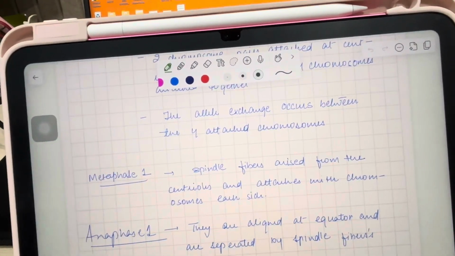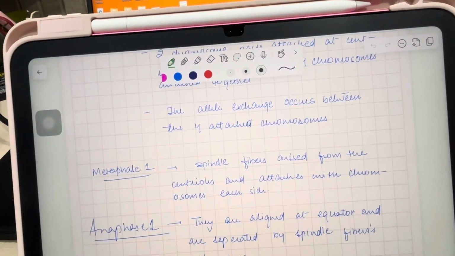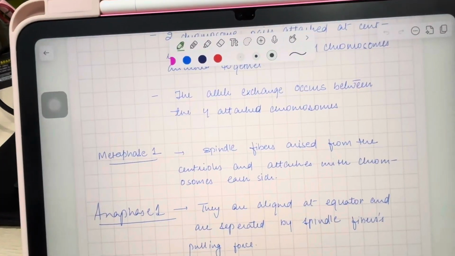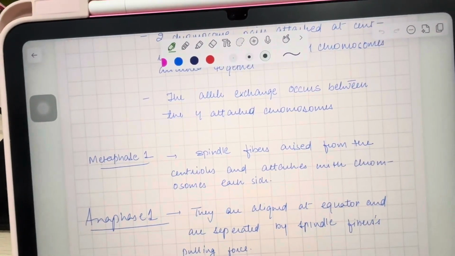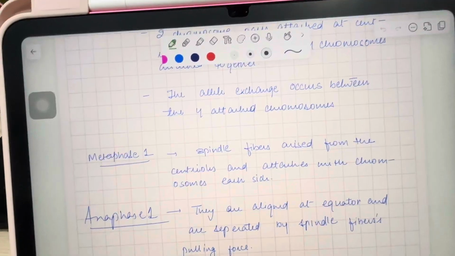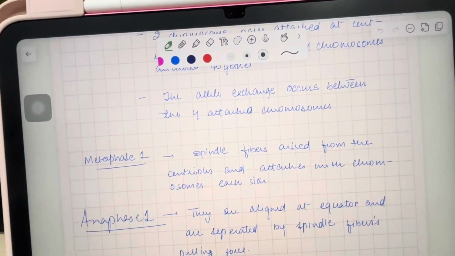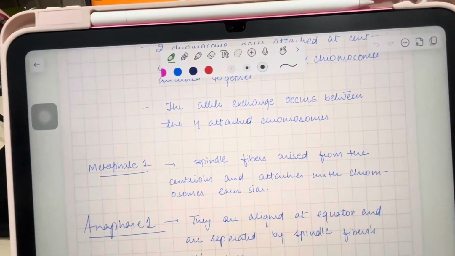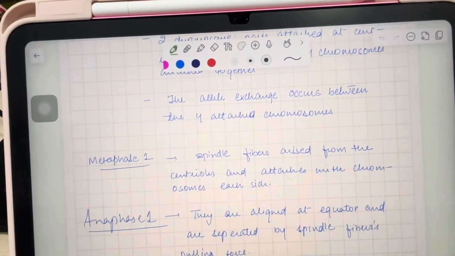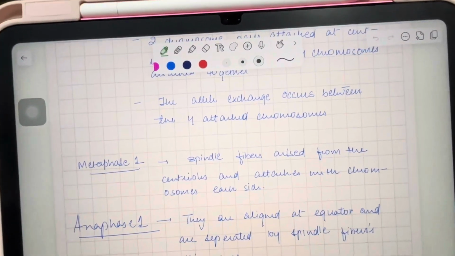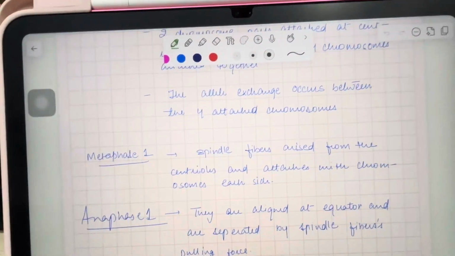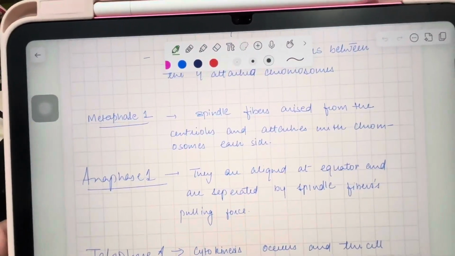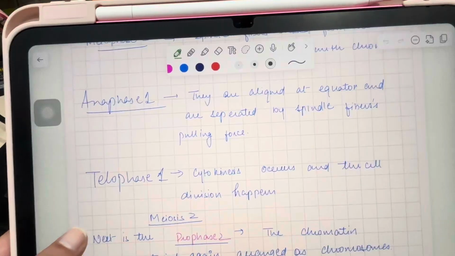These centrioles are produced after the disappearance of the nuclear membrane, and they are produced at the poles, and from these centrioles the spindle fibers arise. So as the spindle fibers arise from the centriole and attach to the chromosome on each side, they again align them at the equator and are separated by the spindle fibers' pulling force.